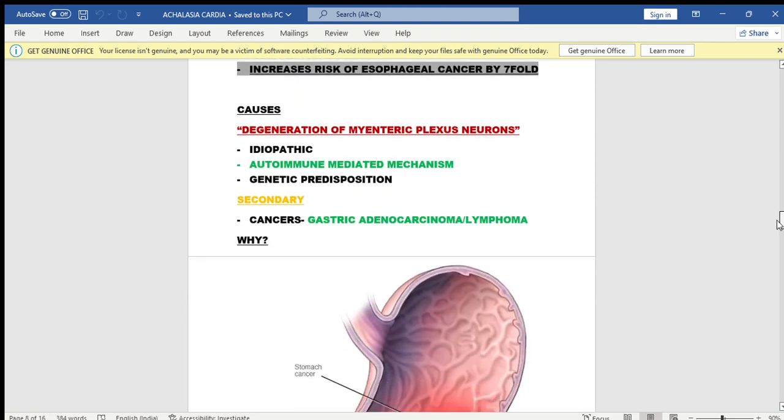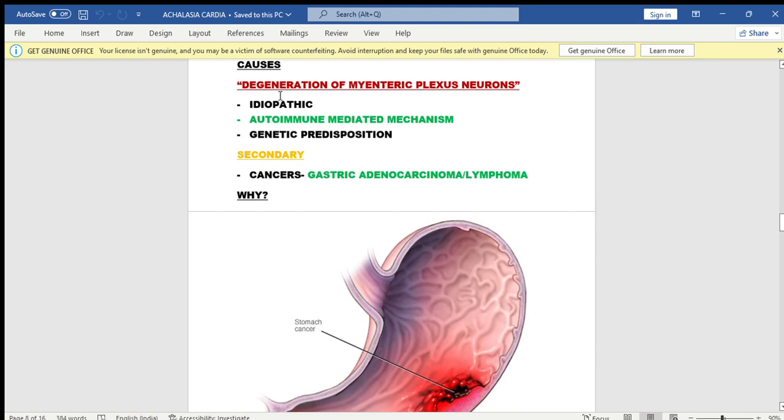Now the causes. We have already mentioned that there is progressive destruction of ganglion cells, which is happening due to degeneration of the myenteric plexus neurons which are situated over the esophagus, as we have looked at in the diagram above. I have told you already the causes can be idiopathic. The second can be an autoimmune condition which is causing destruction or degeneration of this myenteric plexus, leading to failure of the lower esophageal sphincter to relax.